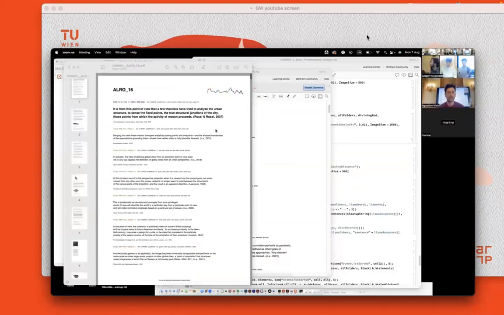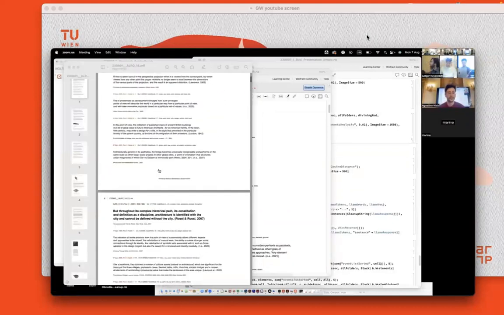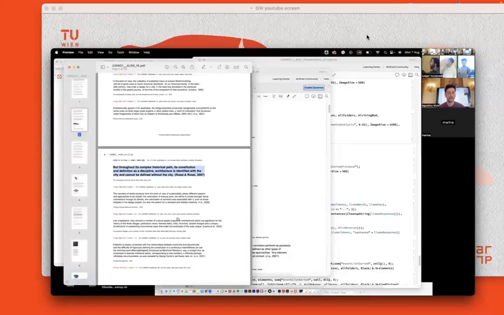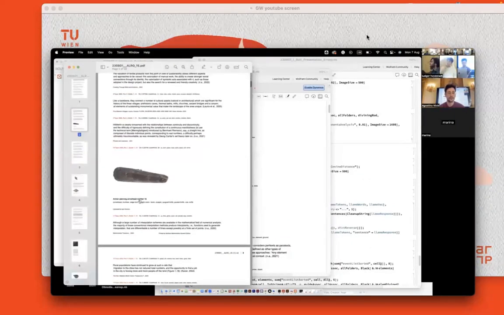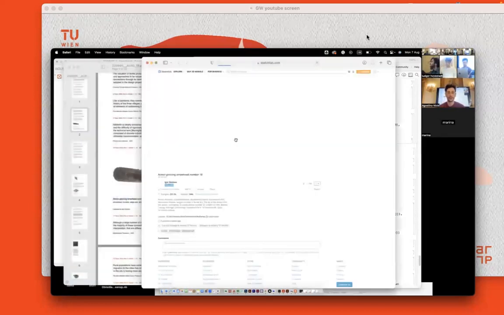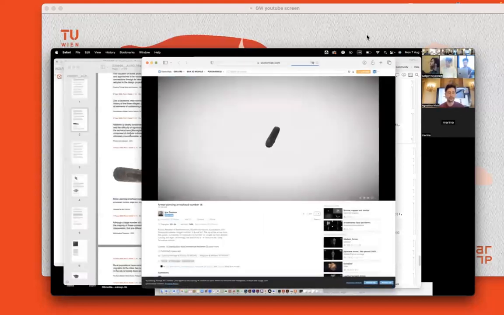So this is the book as a PDF. And it was kind of nice that if you click on things, then things should open up. So we can look at where things are coming from, we can download them from there.